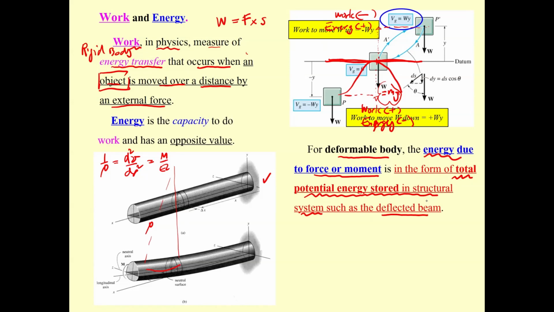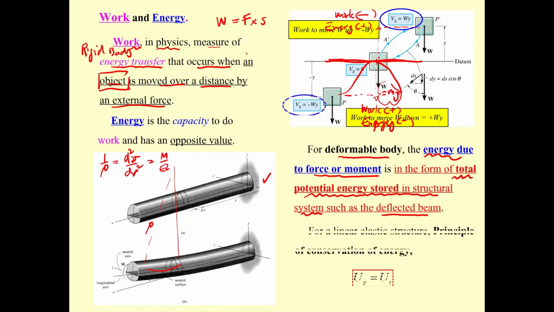It's stored energy because if you release the moment, it's going to return to its equilibrium position. So, based upon the principle of conservation of energy, the energy due to the moment is going to be stored in the beam in the form of internal energy.